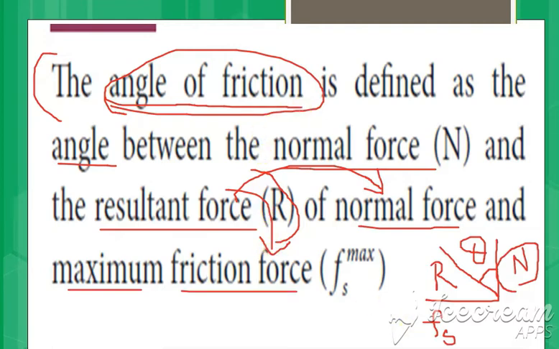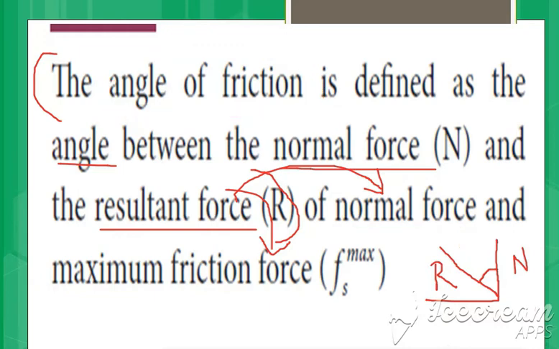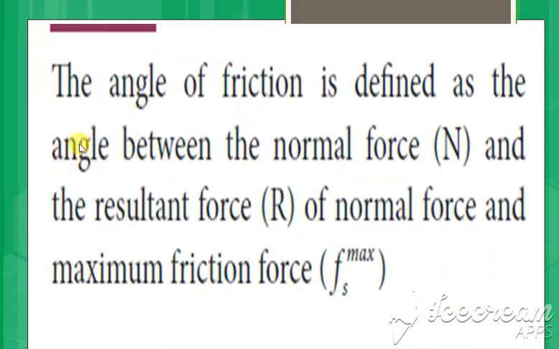This gives a definition of angle of friction. So, clear with what the angle of friction is? Angle of friction is defined as the angle between the normal force and the resultant force of the normal force and the maximum frictional force.